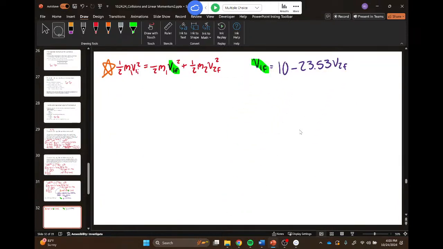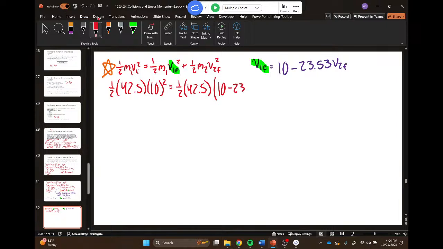Cool. Okay, so we get 1/2 times 42.5 times 10 squared equals 1/2 times 42.5 times parentheses 10 minus 23.53 V2F squared plus 1/2 times 1,000 times V2F squared. Do a bunch of algebra.